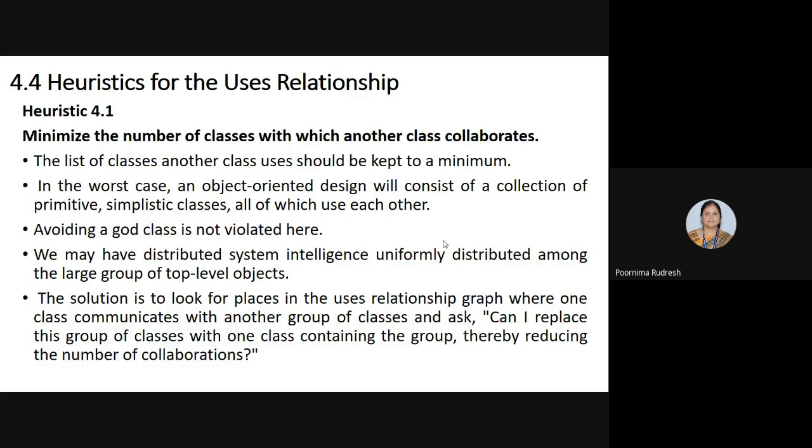The solution is to look for places in the uses relationship graph where one class communicates with another group of classes and ask, can I replace this group of classes with one class?